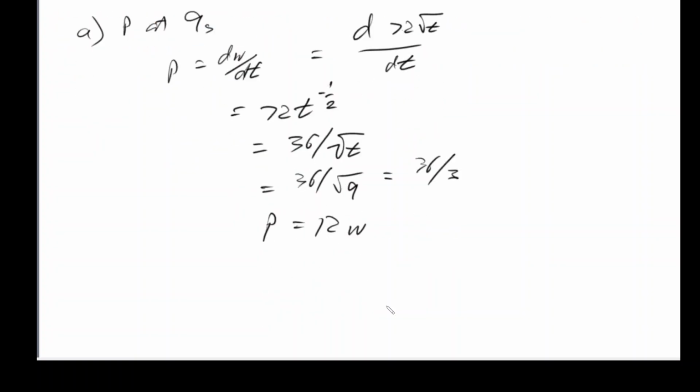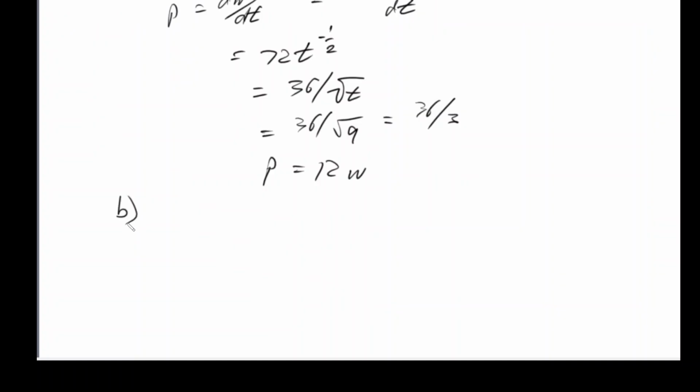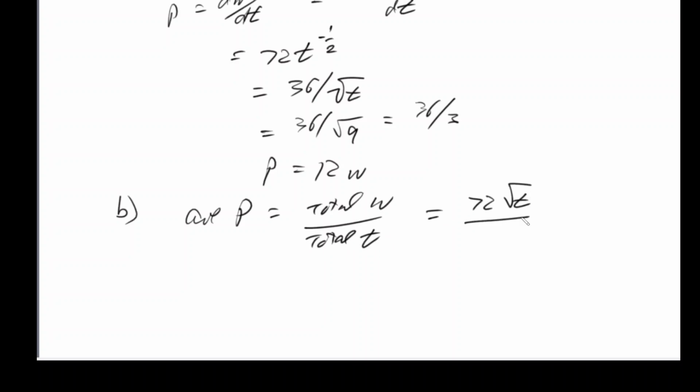Next part is it wants to know what the average power is from 0 to 9 seconds. Well, the average power is equal to the total work done over the total time, which in this case is 72 times the square root of t over the total time of 0 to 9 seconds, which is 9.